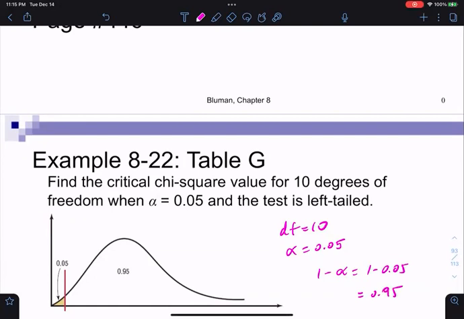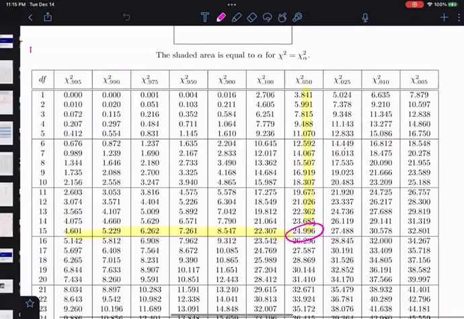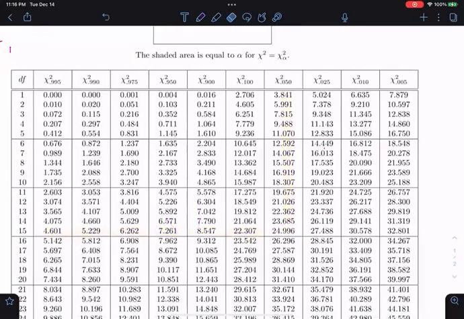So you need to look at the table for 0.95. With 15 degrees of freedom, that would be 2.72.